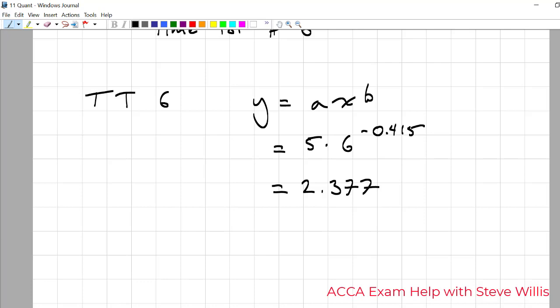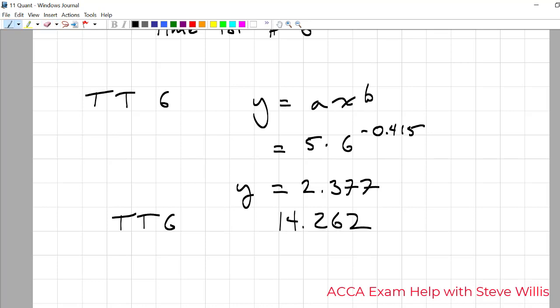I'm going to keep it in my calculator because now that's the average time per unit. Now the total time for 6, we have to multiply that by 6. That's the average time. Okay, so now we do 6 multiplied by the 2.377. So that will be 14.262, the total time to make 6.